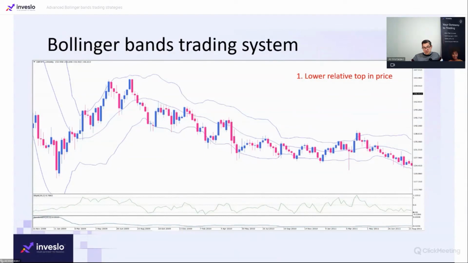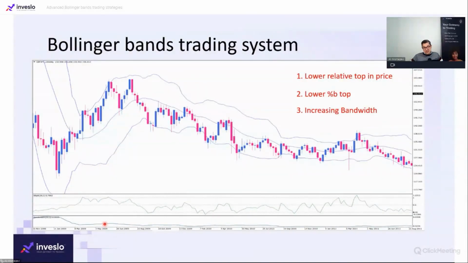Here is an example of again putting all together with these three conditions. What we see here is the price makes a top above the upper band that is reflected on the percent B by making a high above the upper band. At the same time, here you see this is a percent B and this is a bandwidth.